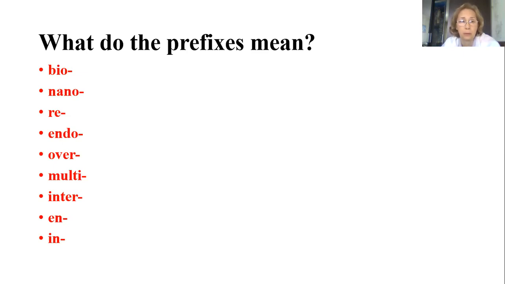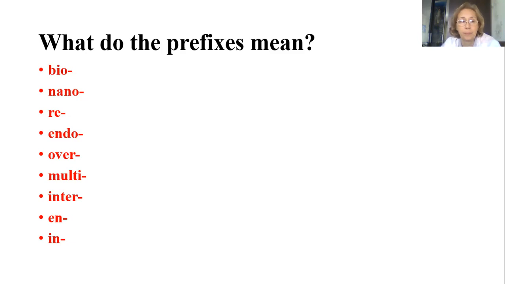Nano is very small. Nano, in mathematics and physics, is the designation of something very small. Re is the prefix we use for showing that we are redoing something, for example, reconstruction.